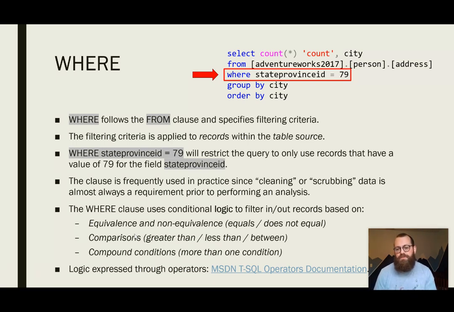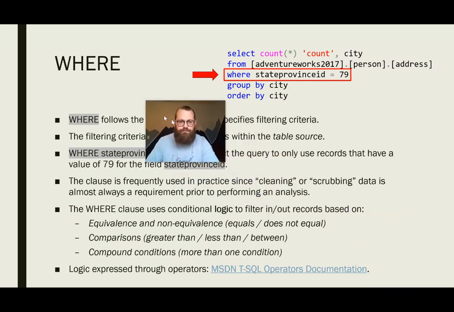It can be string data as well, but that's more for text mining, which I've never really used in practice, but SQL does support it. And then also compound conditions, so any combination of one or more conditions, and evaluating whether together those conditions are true or one of those conditions is satisfied.